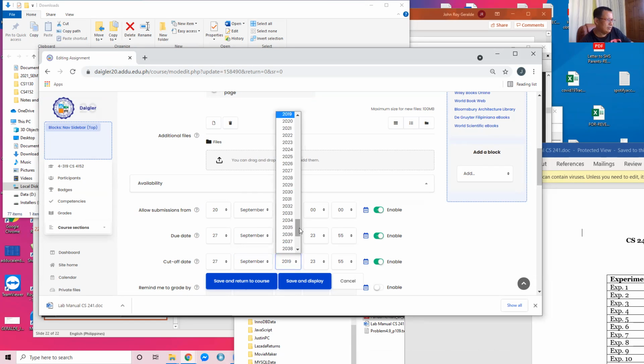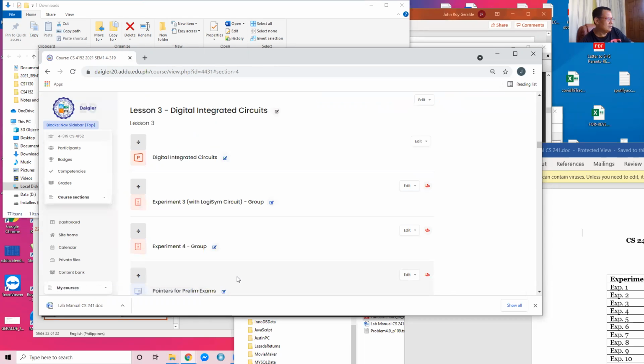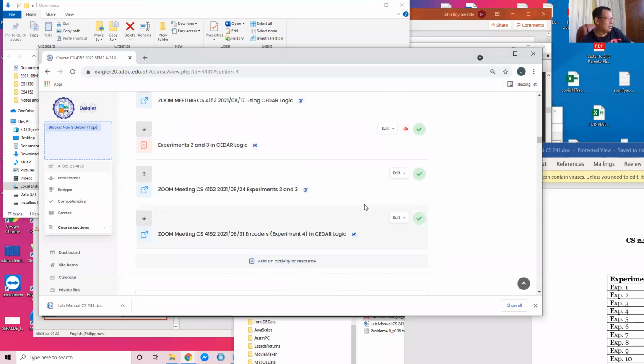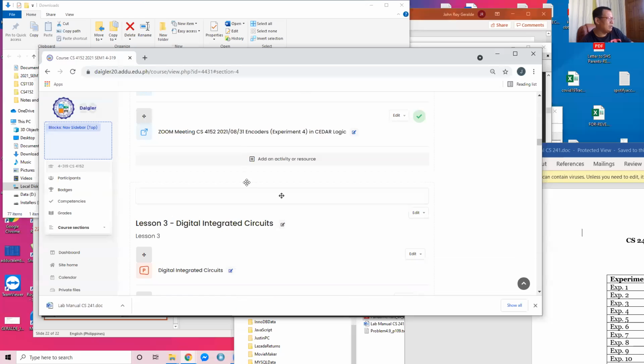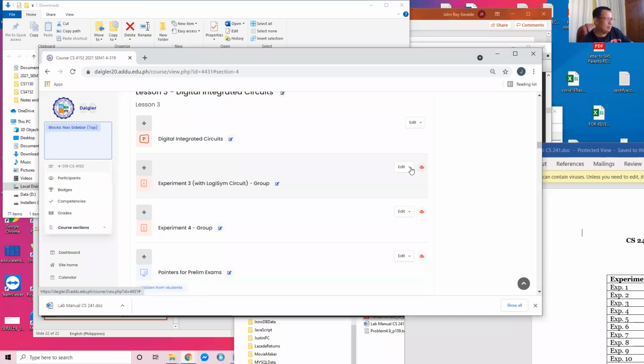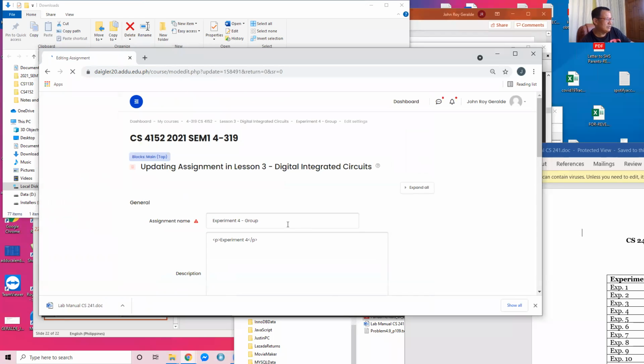Sabay na lang ito, no? September 27, experiment 3 and 4. Experiment 3 is not a group. 2 and 3. Tapos na pala tayo sa 3, no? So we'll not do 3 anymore. We'll hide this. Only experiment 4. Individual na ito, no?